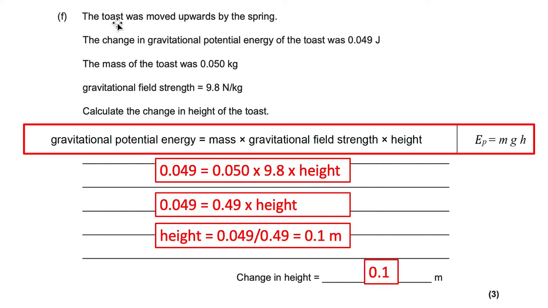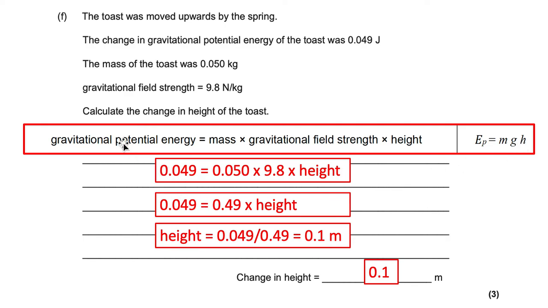So our toast is moved upwards by the spring. The change in gravitational potential energy of the toast was 0.049. So I write out the equation either in words, as on the left, or in symbols, as on the right. But if you use symbols, you must use their symbols. So E_p for gravitational potential energy, m for mass, g for gravitational field strength, h for height.